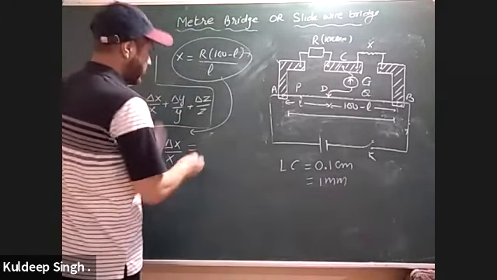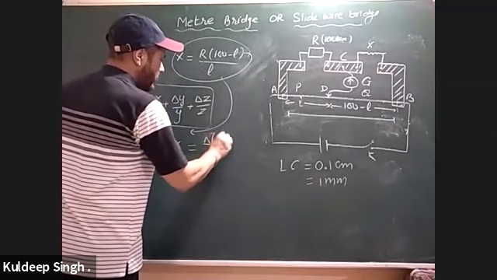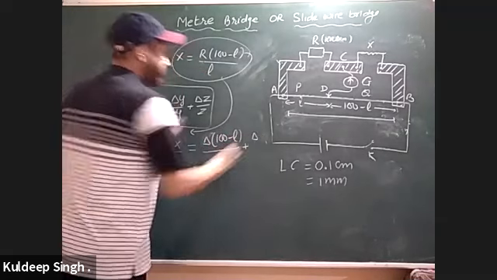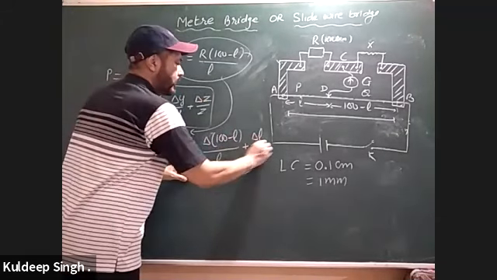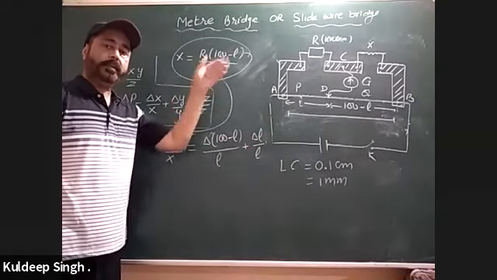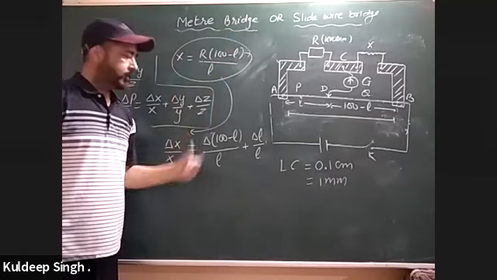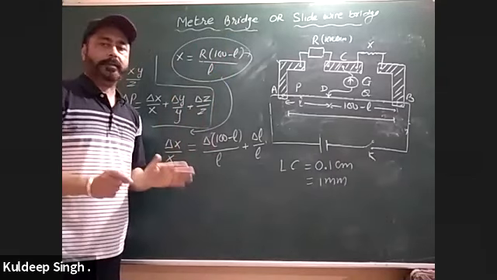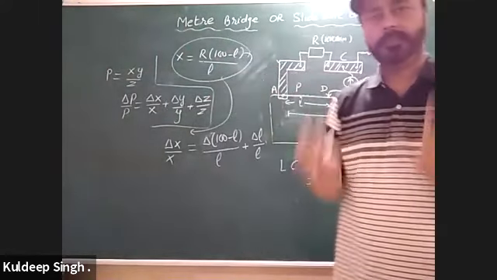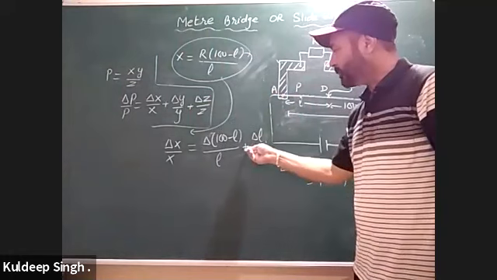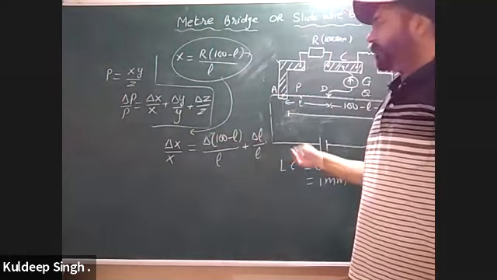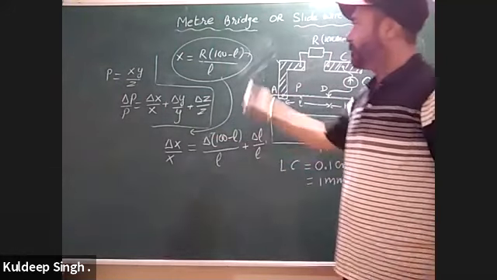Then I will have delta (100 minus L) by (100 minus L) plus delta L by L. Because we are calculating the maximum error, for maximum error we always sum, we add, plus delta L by L. So by using this formula, you can find the error in the measurement of x.